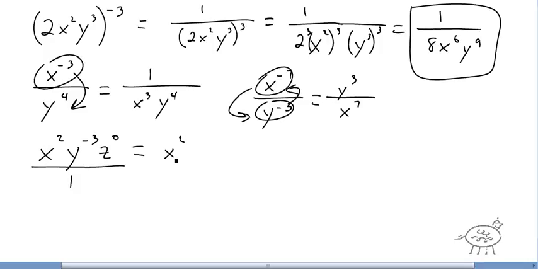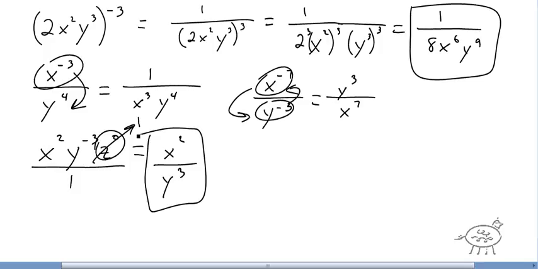The y to the negative 3rd goes to the bottom, so it becomes y to the 3rd. And what's z to the 0? It's just 1, so I don't even need to write it. It goes away. My answer to this problem is x squared over y cubed. So you can see there's a lot of different types of problems with these. You just have to be careful when you're working them out. So let's try another one here.